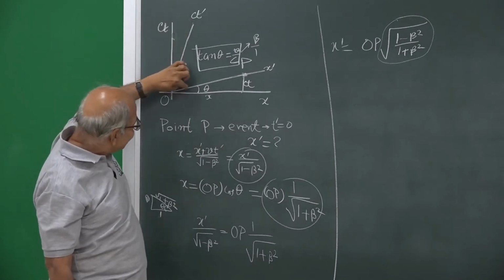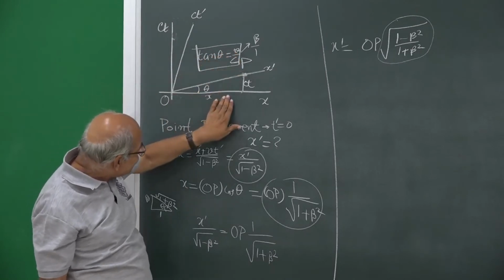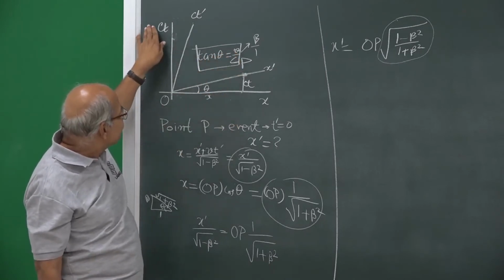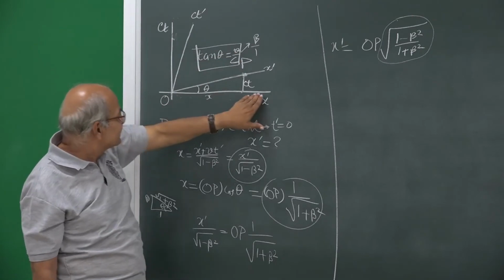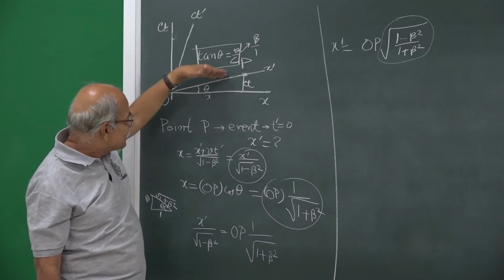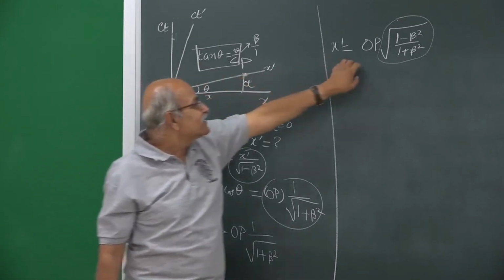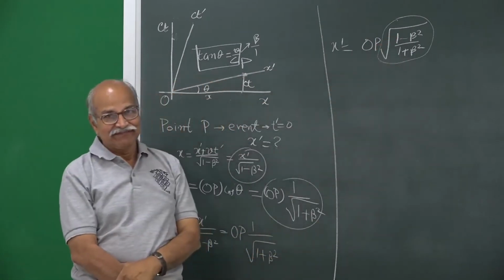But this length scale is different. In this S frame x CT diagram, whatever scale I am using here, that same scale I cannot use here. In the same scale I have the distance OP, but then that distance has to be multiplied by this factor.